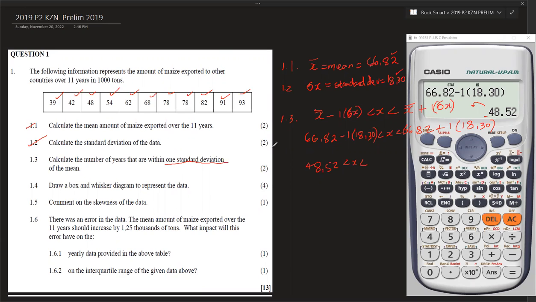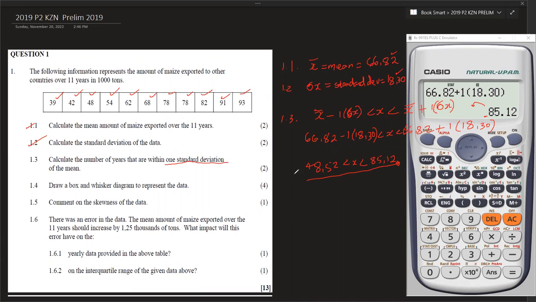Then we have to add it now for the other boundary. So I'll just put plus, then this gives me 85.12. This is the interval of the data set that lies within 1 standard deviation of the mean.